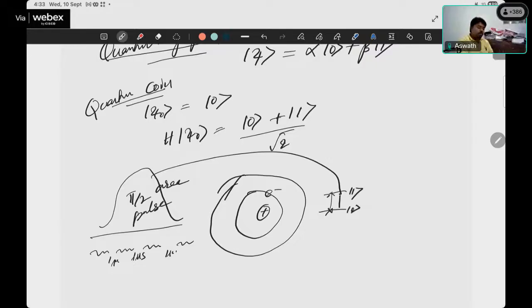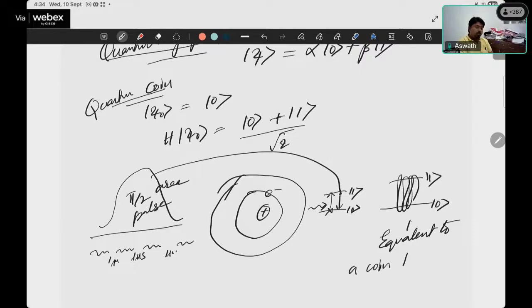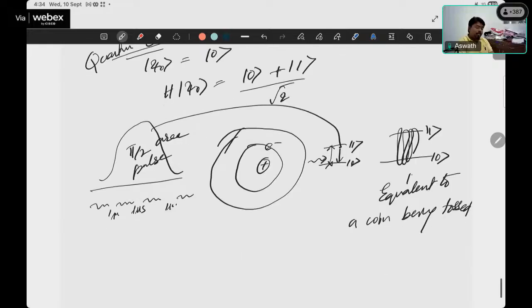By the time the electron comes down, one more photon comes and hits it. So literally the electron goes back and forth between 0 and 1, just like a coin being tossed. This is equivalent to a coin during the flight.